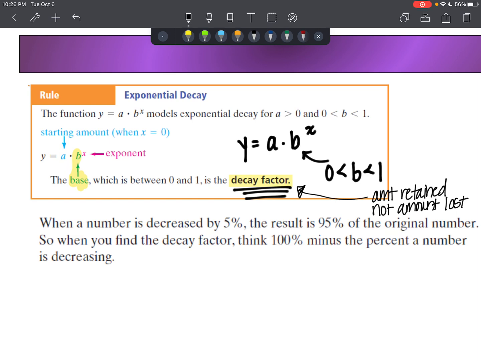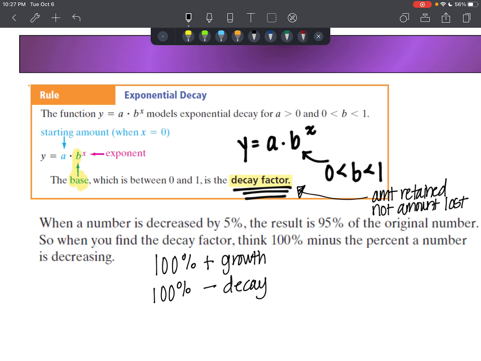So when you find the decay factor, you have to think 100%, not plus your growth, but 100% minus your decay. Okay?